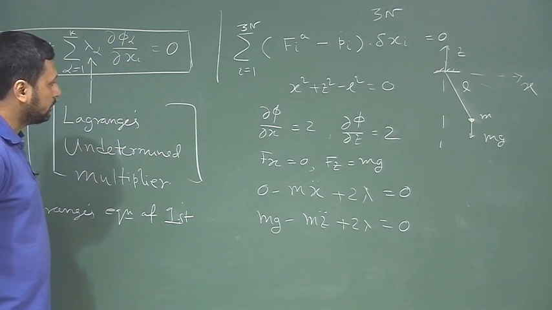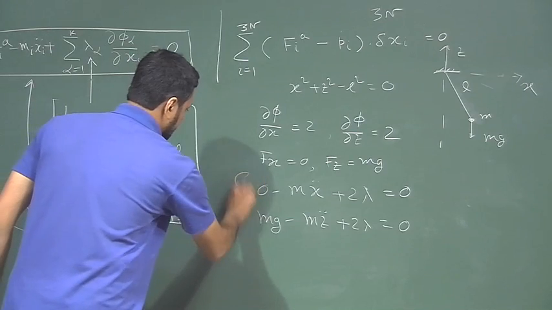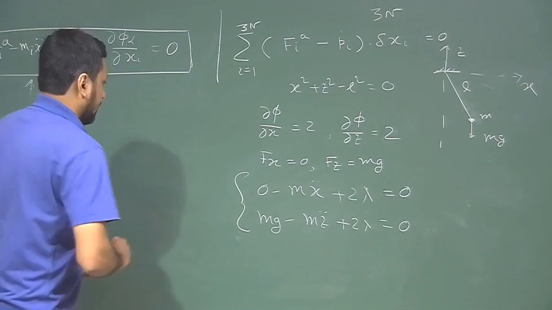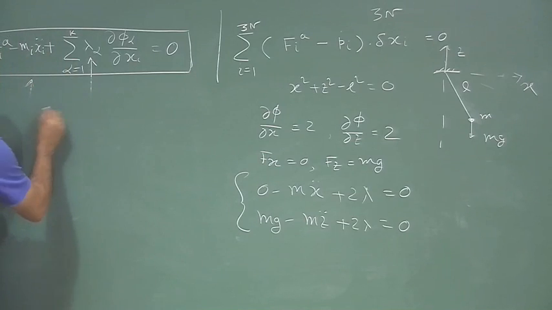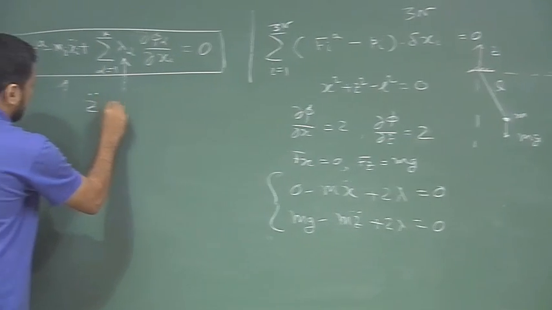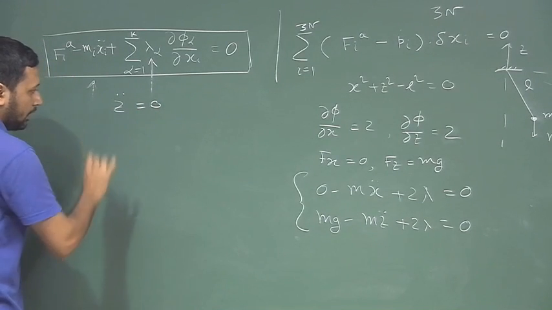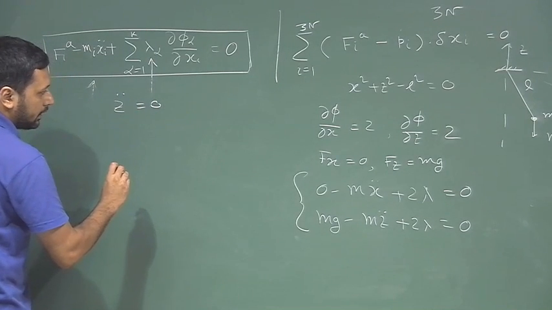Okay. So, we got two equations. Once again we have to make the assumption that z double dot is equal to 0, but that comes later.